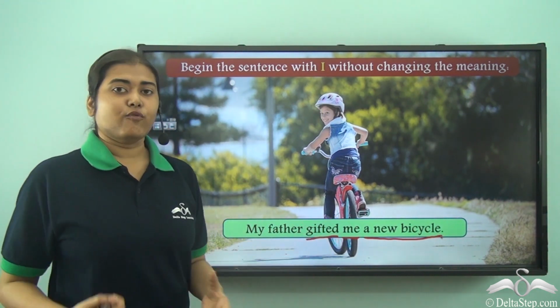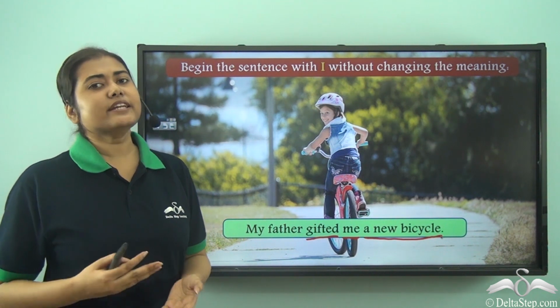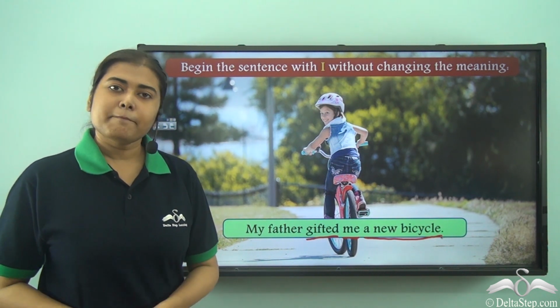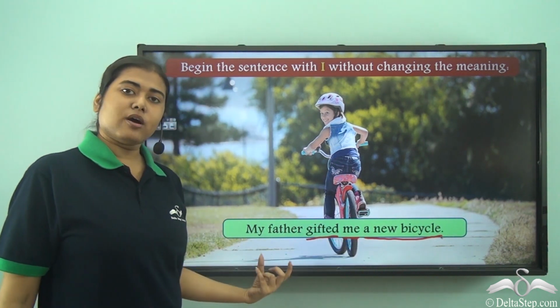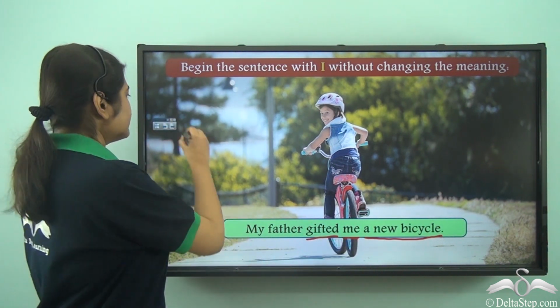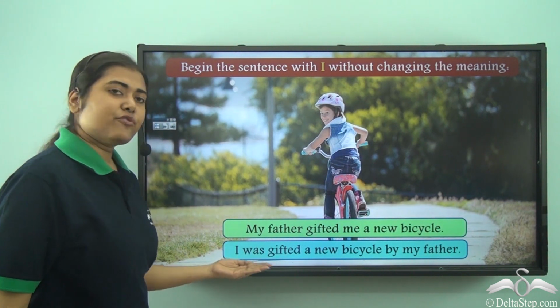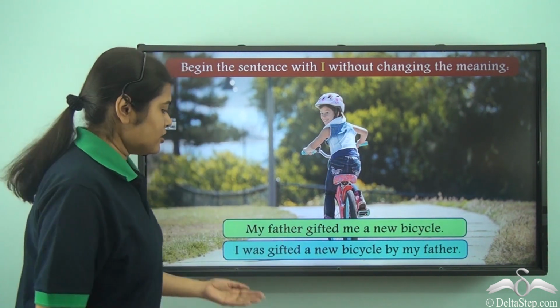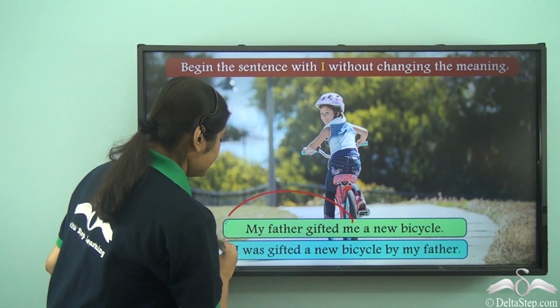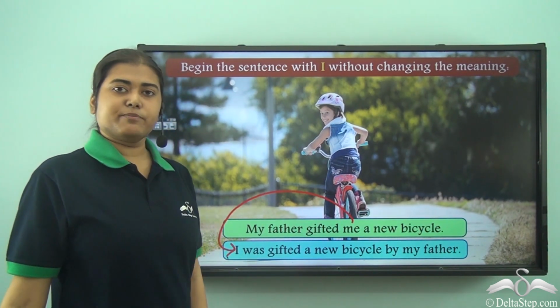So to do that, what we need to do is simply write this sentence in the passive voice. So if I begin my sentence with the indirect object, how will we write? I was gifted a new bicycle by my father. So I put this me in the subject position.